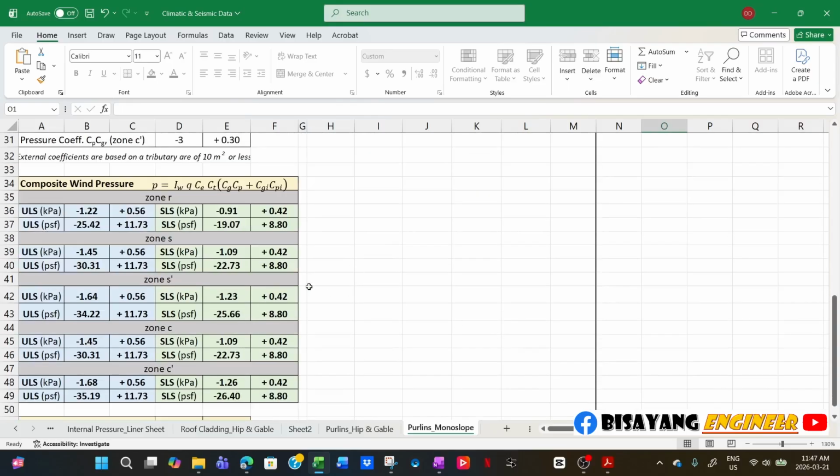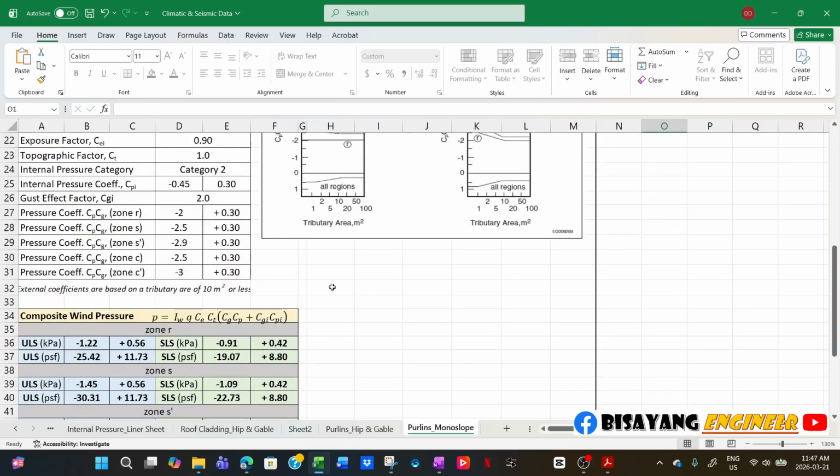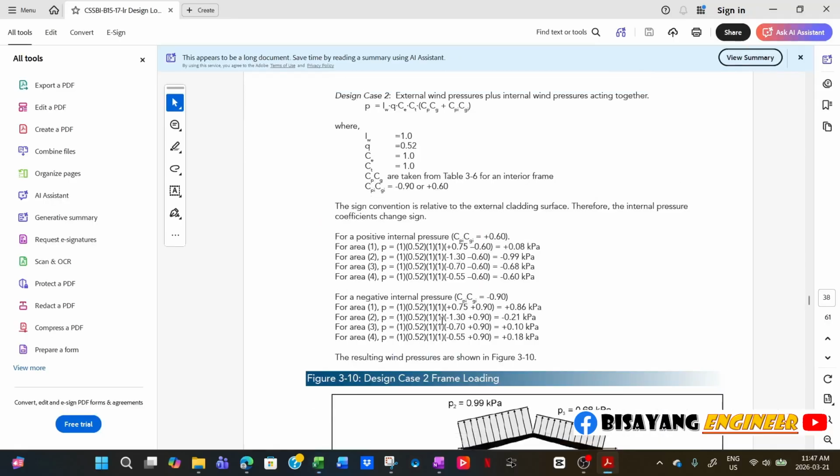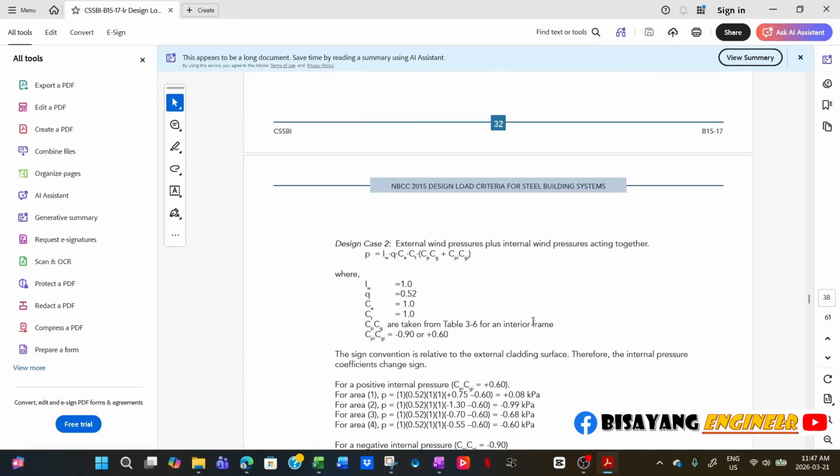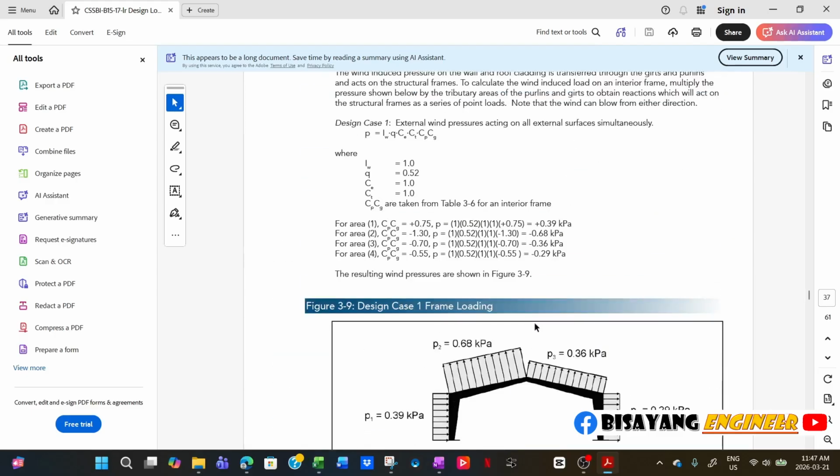Because sometimes when I first start my spreadsheet and I change the given values or conditions, the result would be different. So if you will make a spreadsheet, for Canadian engineers, maybe make a spreadsheet out of this design guide so that you can check that all your results are the same as this one.